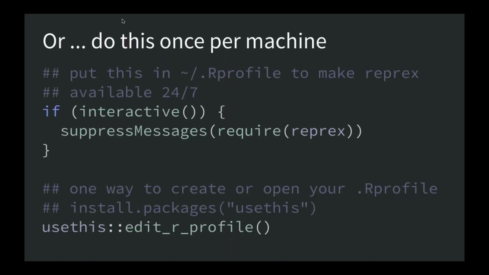And if you have never thought about your .Rprofile file before, there is a function in the usethis package, which you would also have to install, that will create it for you if you don't have it, or if you do have it, it would open it for you for editing in case you wanted to put something like this snippet in there.